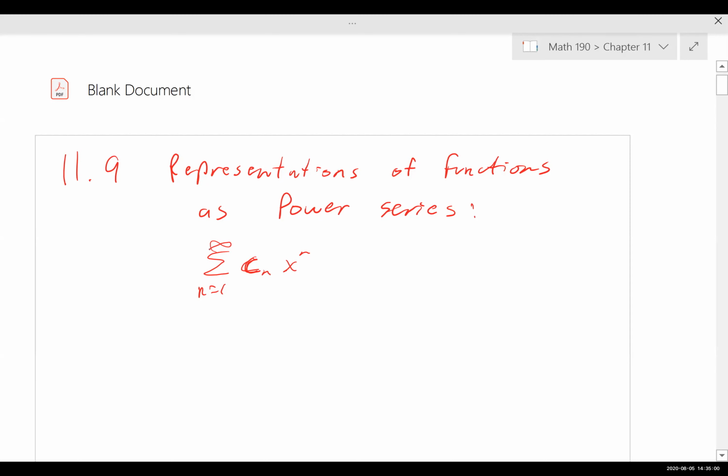So this is a power series. This would be c naught x to the 0 plus c1 x to the first plus c2 x to the second, plus dot dot dot forever.